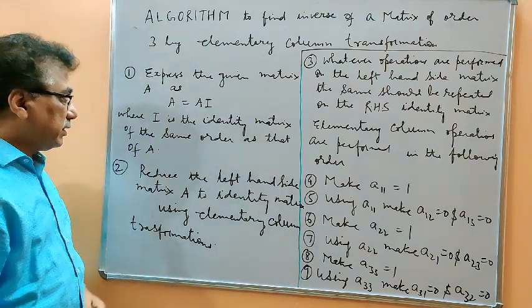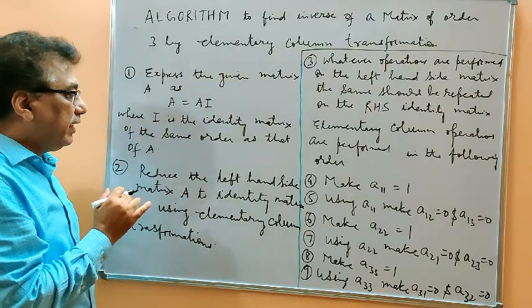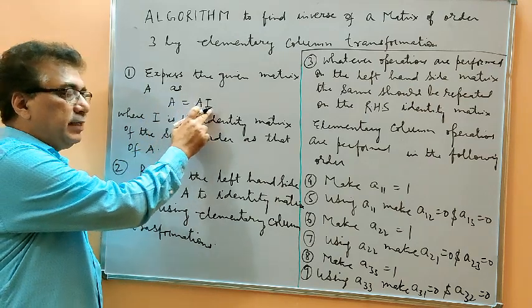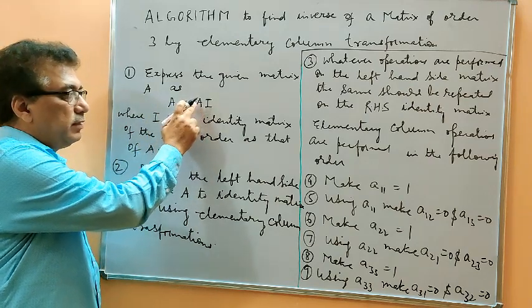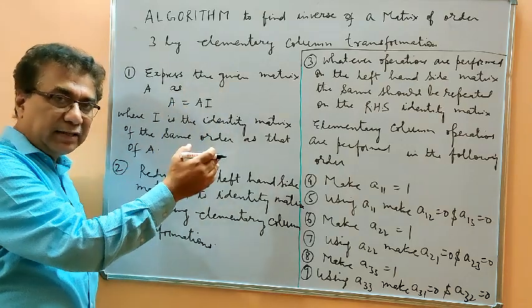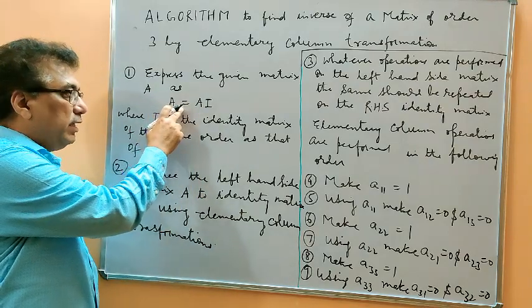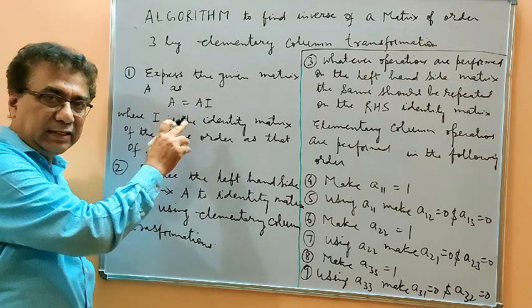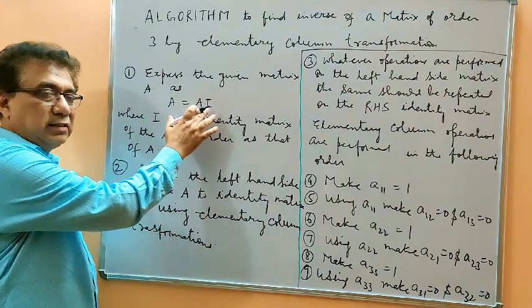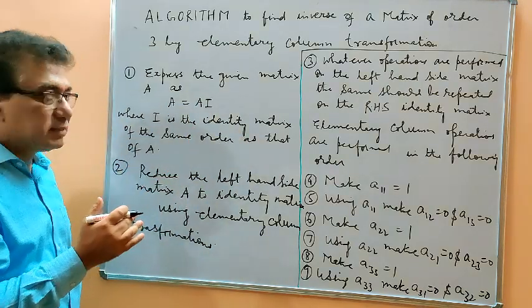So the first step says that whatever matrix is given, suppose we give the name as A, so A should be written as A is equal to AI, because we know that when we multiply any square matrix by the identity matrix of the same order, then we get the same matrix. So A is always equal to AI with the condition that A should be a square matrix, and this I stands for the identity matrix of the same order as that of A.